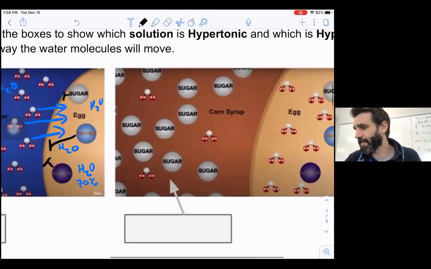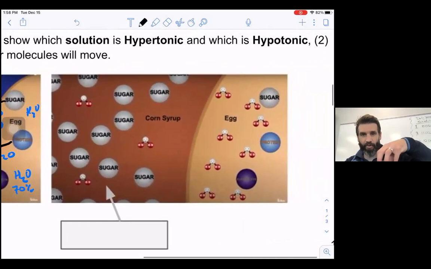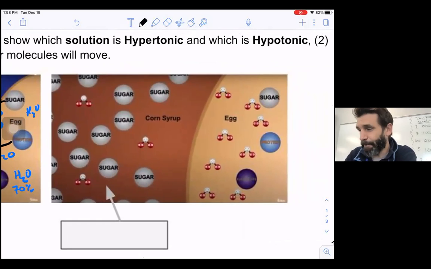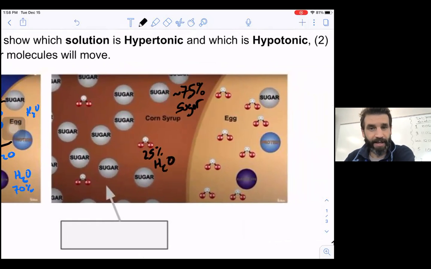In contrast, when you take the egg out of vinegar, it's dissolved the shell. And traditionally, when this experiment was done, you could put it into corn syrup. Now corn syrup is approximately 75% sugar, which means it's only about 25% water.